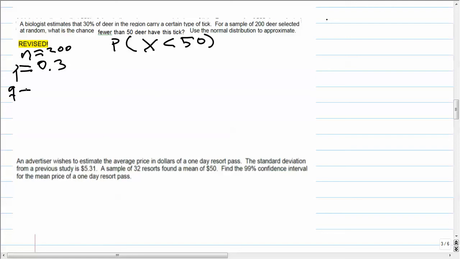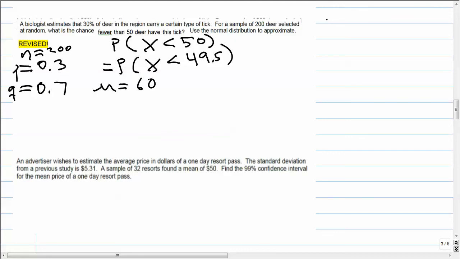So Q is going to be 0.7. Once again, this is an inequality associated with a binomial. I'm going to convert this to a standard normal. So I want to be below 50. Since I want to be below 50, I'm going to go to 49.5. I'm going to need to know the mean. Show yourself that the mean for a binomial, again, 60. Sigma here turns out to be 6.481.